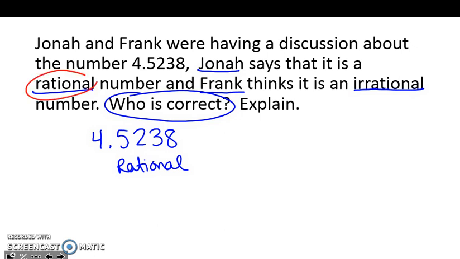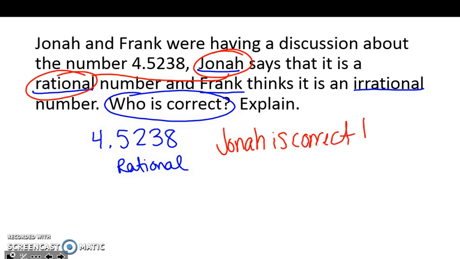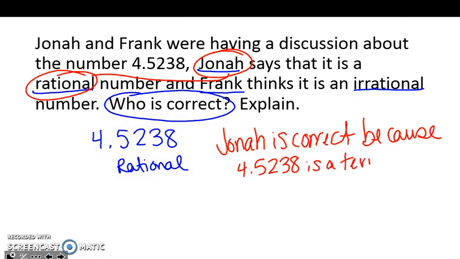Okay? Well, here is who said that it is rational. So I'm going to answer the question and say Jonah is correct because 4.5238 is a terminating decimal.